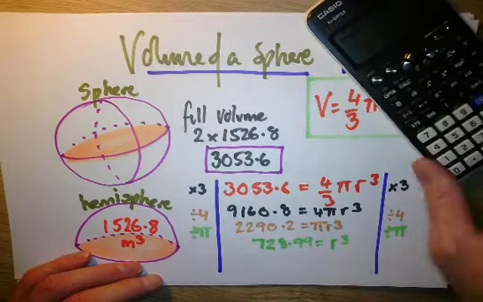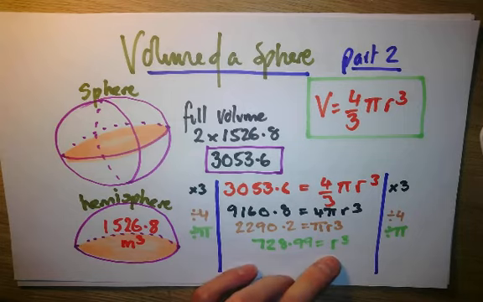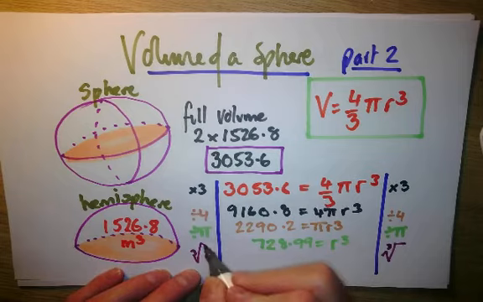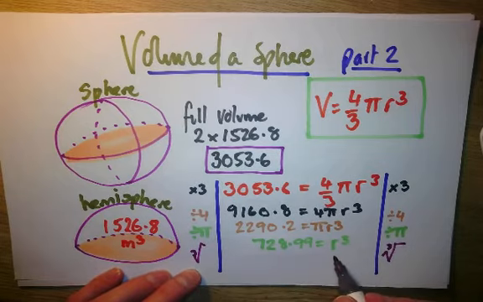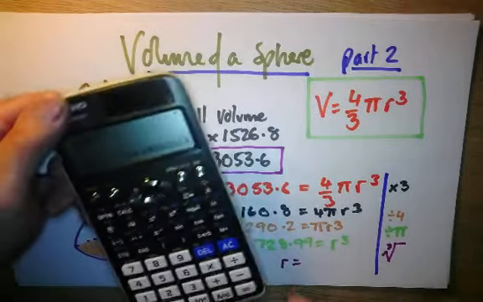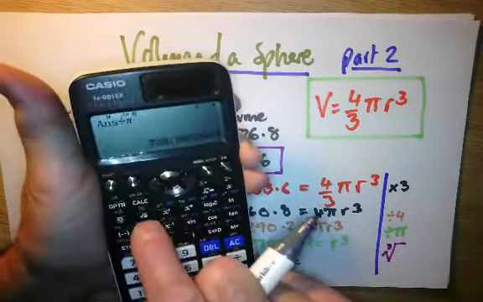Now finally, I want to get rid of the r cubed. And I think, how do I get rid of r cubed? Well, the answer is cube root it. The cube root. So I'm going to cube root both sides. And that should give me the value of r. So r is going to equal, so I get that. Now how I do this is interesting, okay?